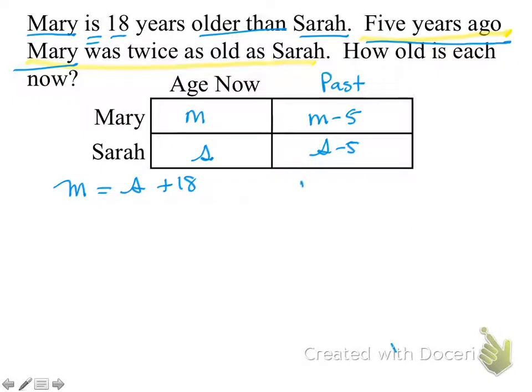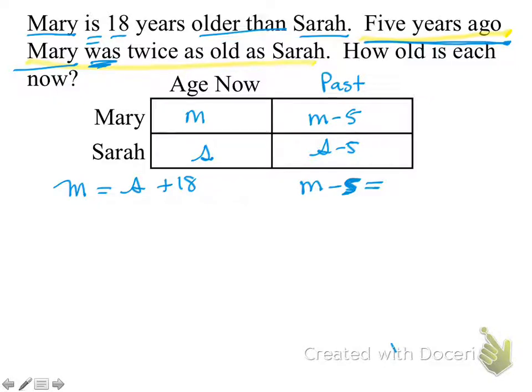M minus 5. What does "was" mean? Is, was, will be, same thing. Equals. Okay, M minus 5 equals twice Sarah. Yes? No? Because it started out with Sarah 5 years ago.